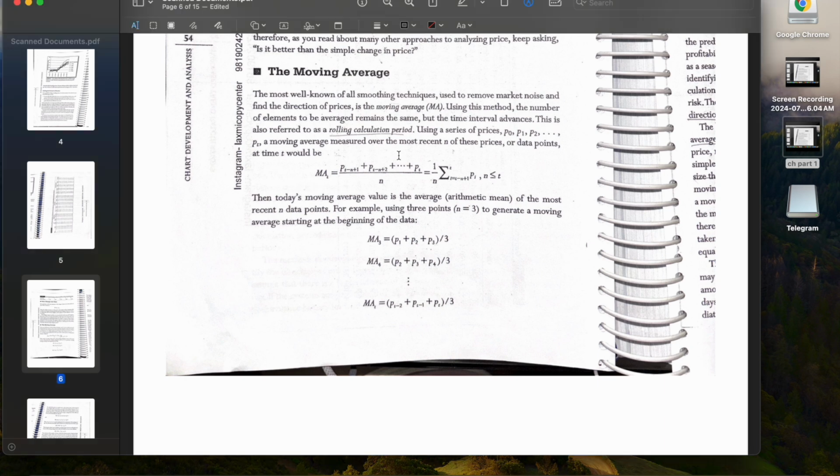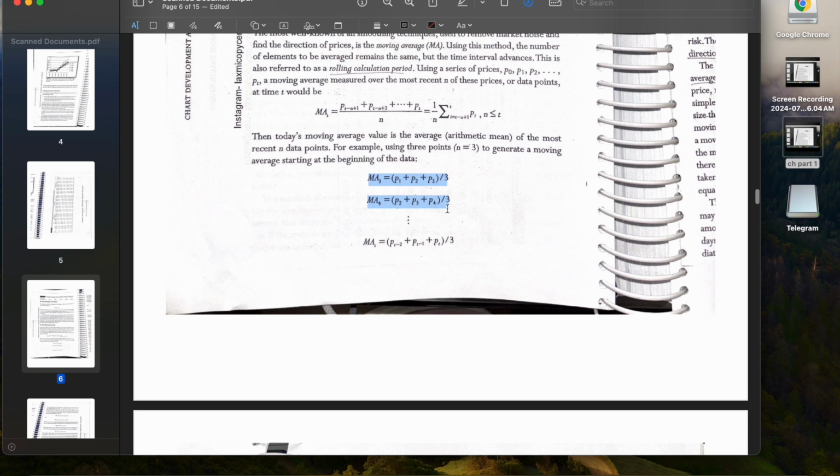So moving average, this is the statistical data. Again, Pt is today's price, N is the number, and this symbol is the summation. So, rolling calculation period. What exactly is rolling? It means that as the days increase, you are taking newer data into consideration, right? Why are we dividing it by 3? Because we are using 3 points.